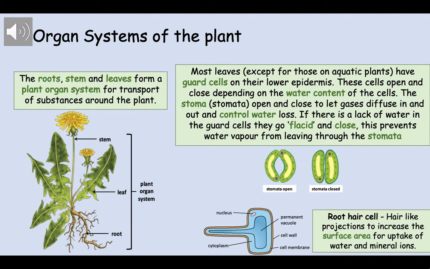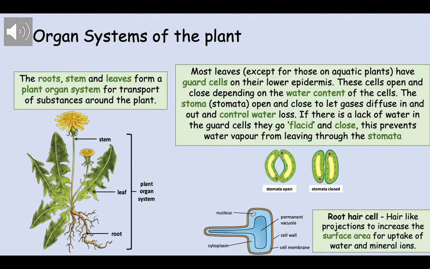Now, if we flip that and think about the plant wanting to move water through the plant, so let's say the soil is quite saturated with water and mineral ions, and the plant wants to move that water through, then it's going to make those guard cells turgid. So water is going to flow into the guard cells. They're going to become turgid, and they're going to open up.